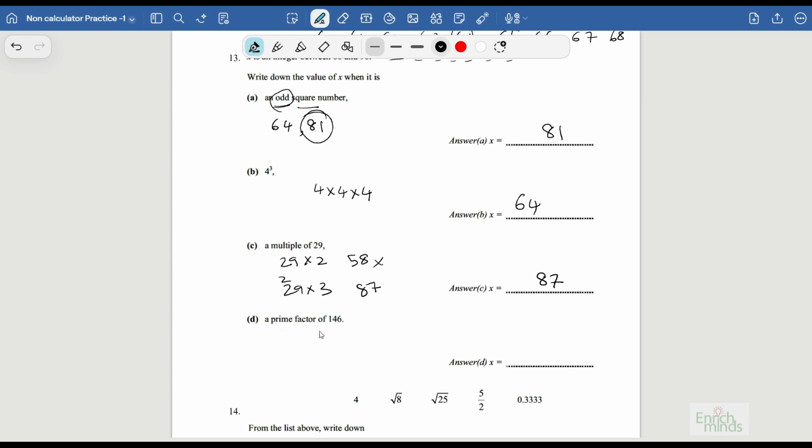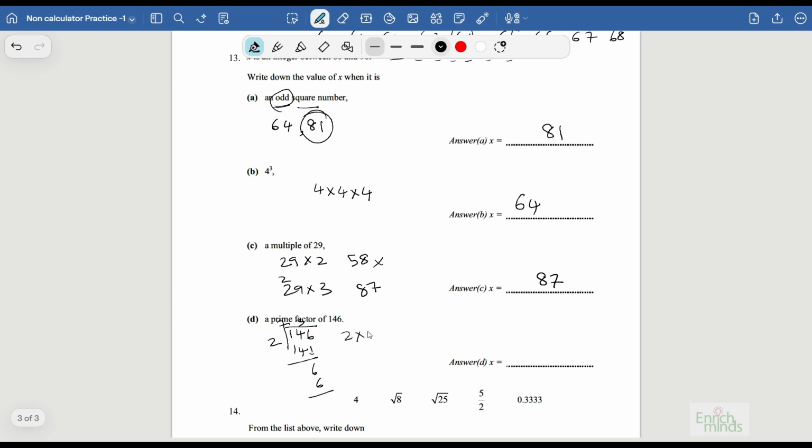A prime factor of 146. What is the factor of 146 which has to be a prime number? So we know a prime factor is a number which divides 146 fully, and that should be a prime number. We can divide it by 2. 2 sevens is 14, and then we have 6 here. 2 threes is 6.